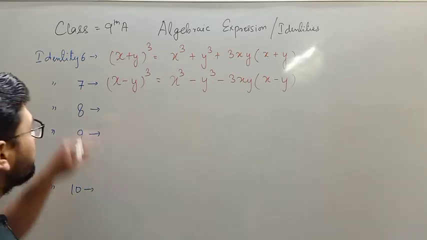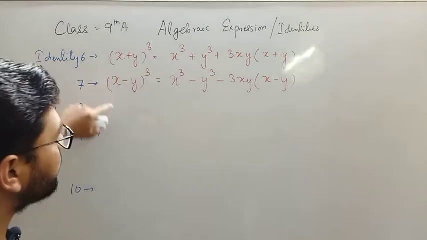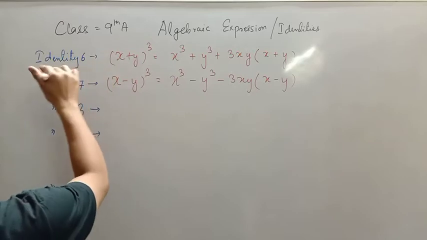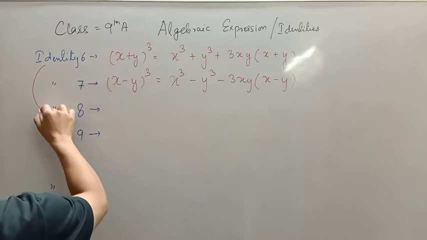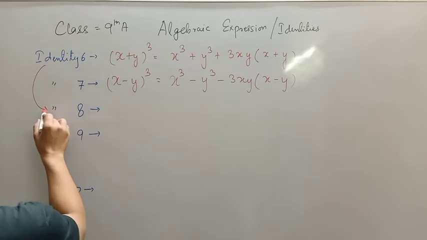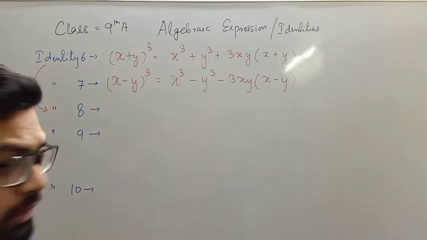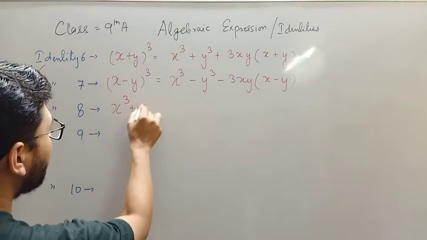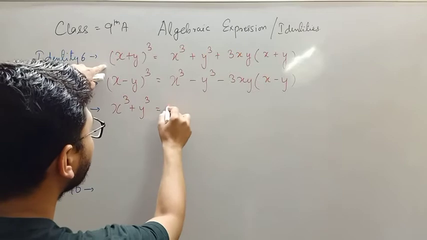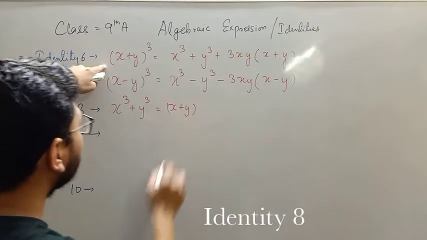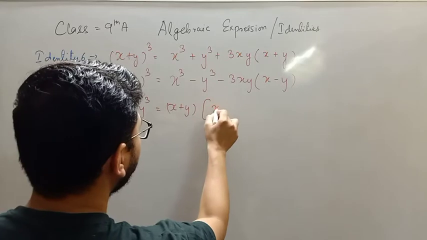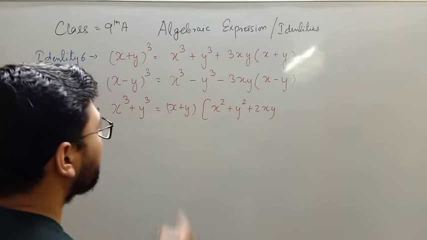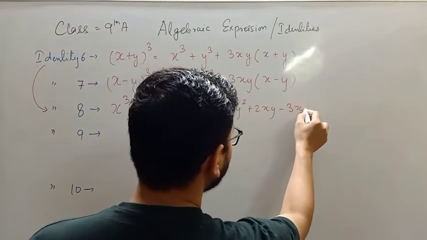Now using identity 6 and identity 7 you can make two more identities. Using identity 6, I am creating one more identity, identity number 8. Now x cube plus y cube is equal to (x + y)(x square plus y square plus 2xy minus 3xy).